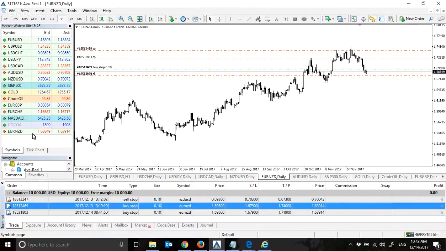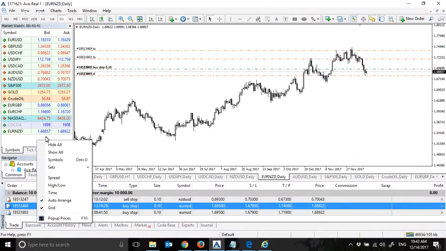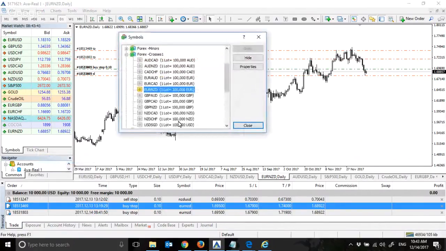So I'm looking for an additional entry point, and my focus is especially on the New Zealand dollar, because it got stronger over the past 2 weeks without any significant reason.